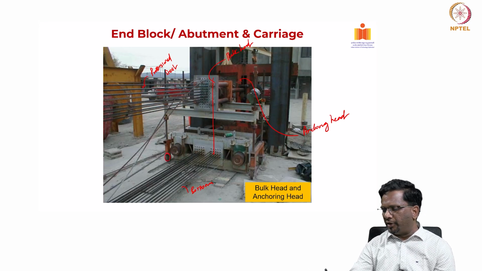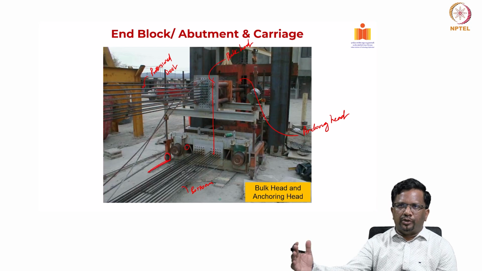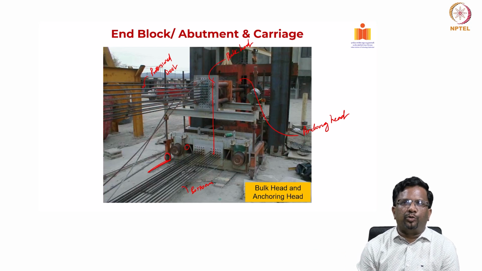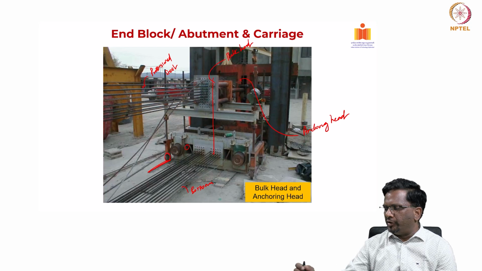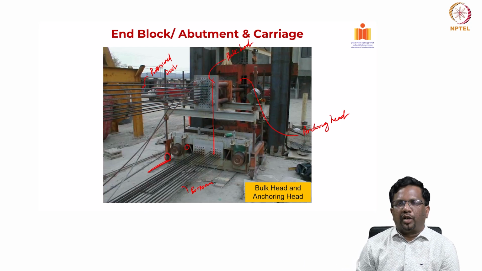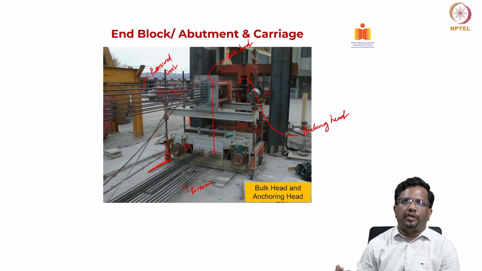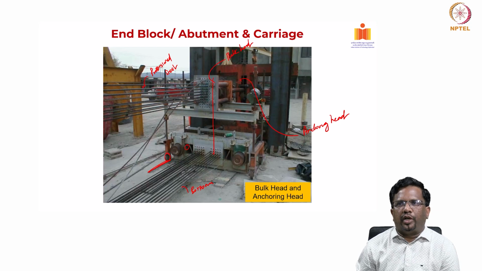For example, you see here it is sitting on a roller and some kind of rail, so it can move along the length of the bed depending upon the length of the element you produce. So this is the system. The design of the bulkhead and anchoring head itself is a challenging one, and you have to design it properly so that it is able to perform the way you want it to.